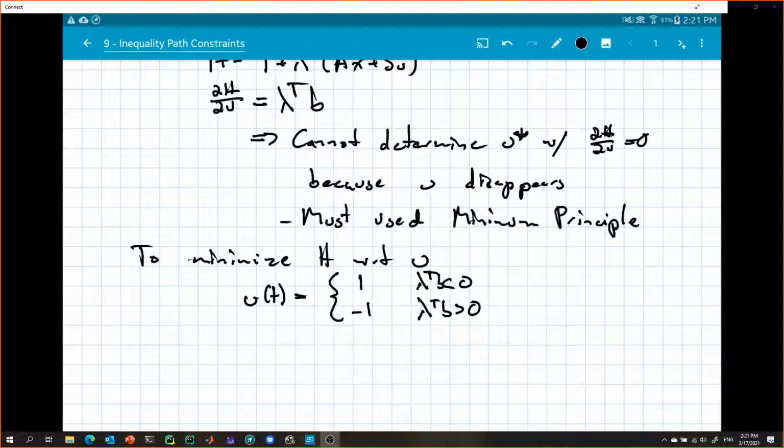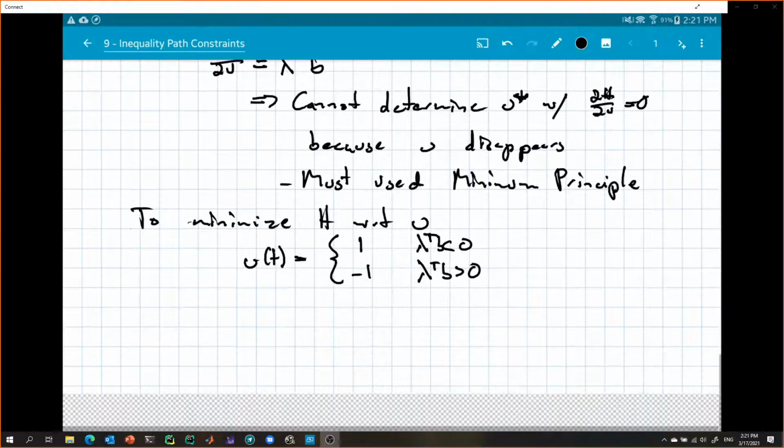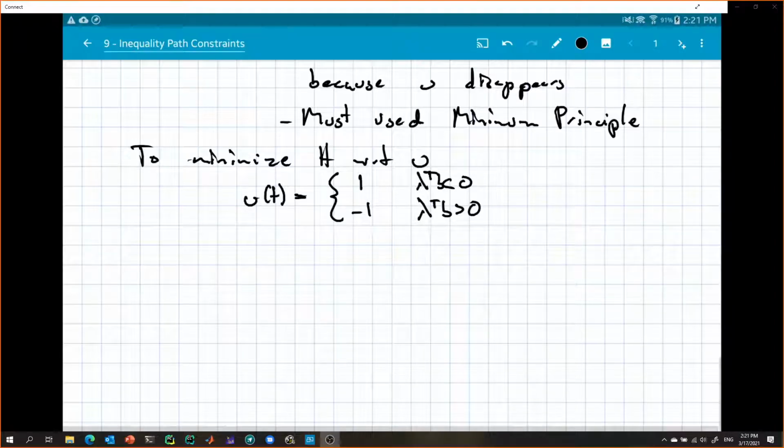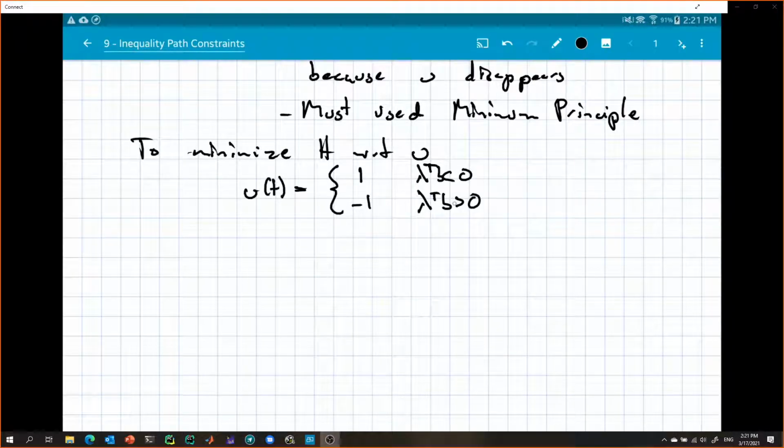And notice that the control is undefined if lambda transpose B is 0. I could just put undefined here, which is probably more complete.